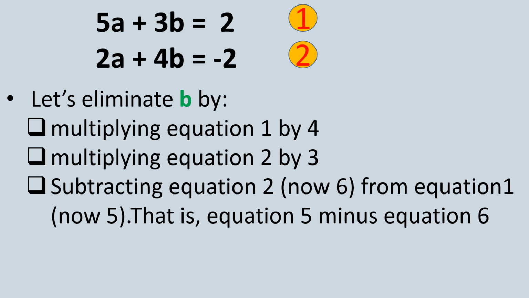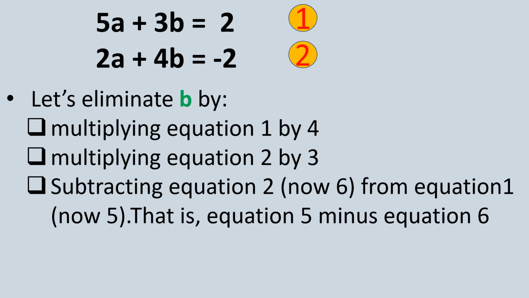So what we can do is, the lowest common multiple between 3 and 4 is 12. So in equation 1, we can simply multiply 3b by 4, and in equation 2, we multiply 4b by 3. If you multiply 3b by 4, what do you have? 12b. And if you multiply 4b by 3, you have 12b.